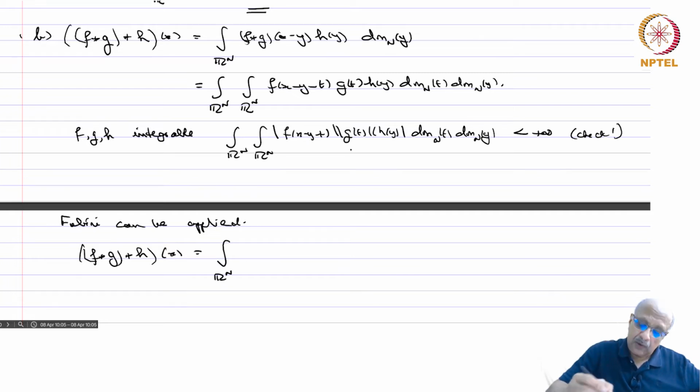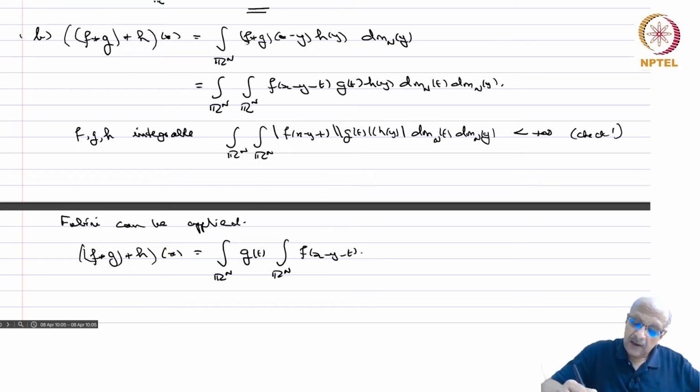So f star g star h of x is equal to the integral over R^n, now I'll bring out g(t), because it doesn't depend on y. So I'm going to integrate first with respect to y. So you have the integral over R^n of f(x minus y minus t) h(y) dm_n(y) dm_n(t).